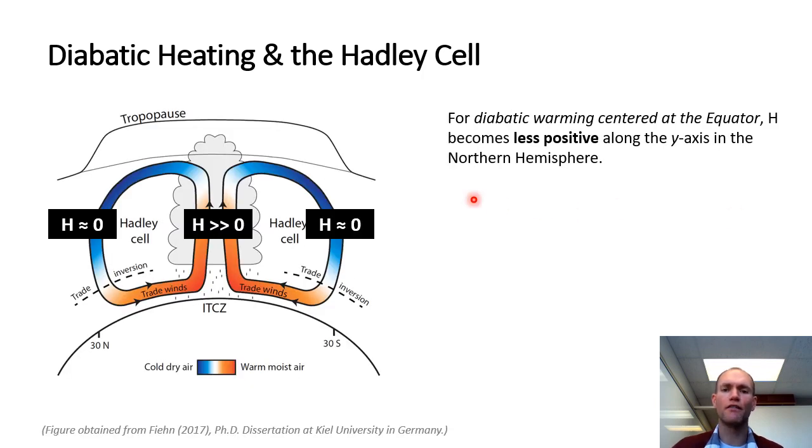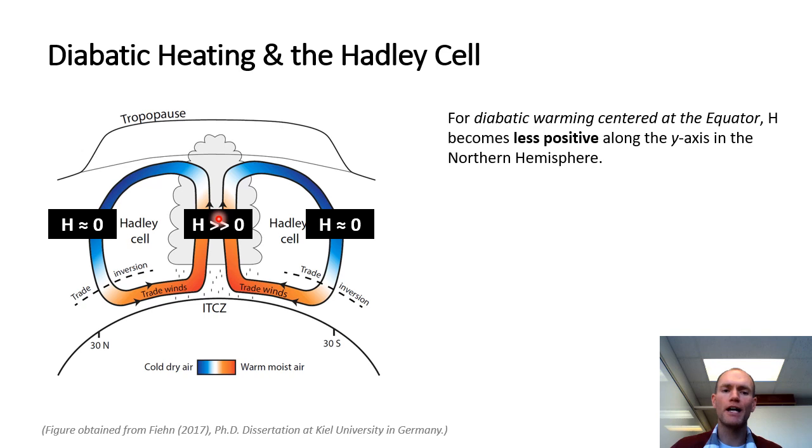So let's start with the heating forcing term here. For diabatic heating centered at the equator, where H is positive, as I've depicted here with this H much greater than 0 to indicate that it is a large positive quantity, H becomes less positive along the y-axis in the northern hemisphere. It also becomes less positive along the negative y-axis in the southern hemisphere, but we're going to focus on the northern hemisphere for simplicity's sake here.